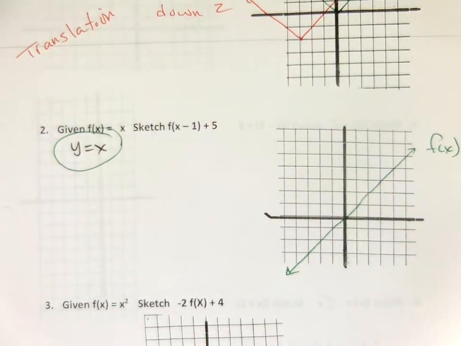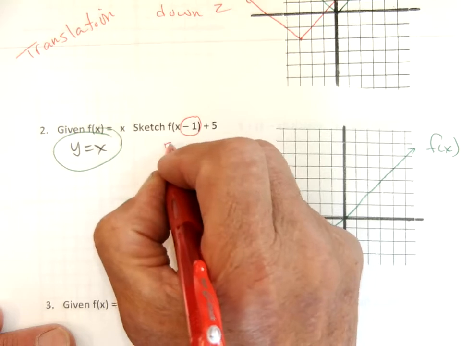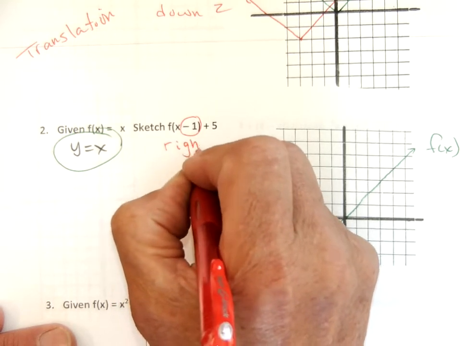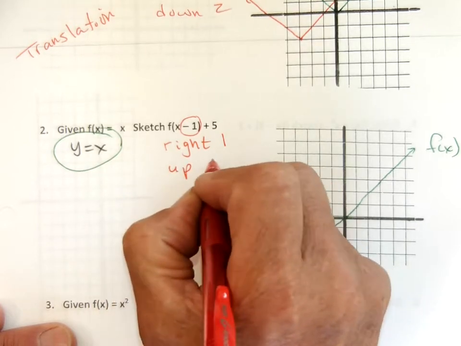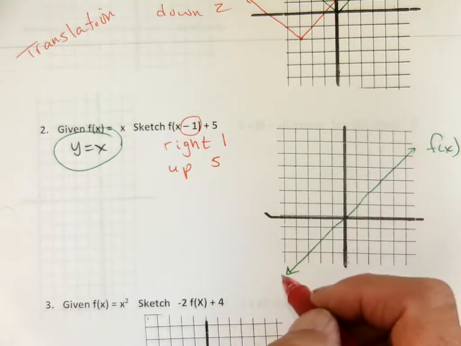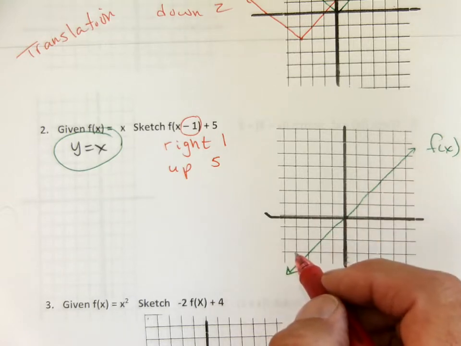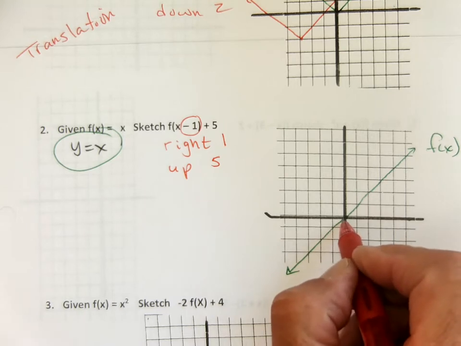And then I'm going to move it. It's a translation. I'm going to move it to the right 1 and up 5. This graph's a straight line, so I'm just going to take the point at the origin.